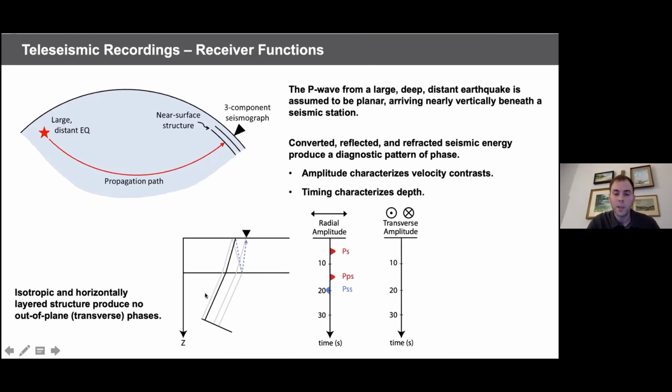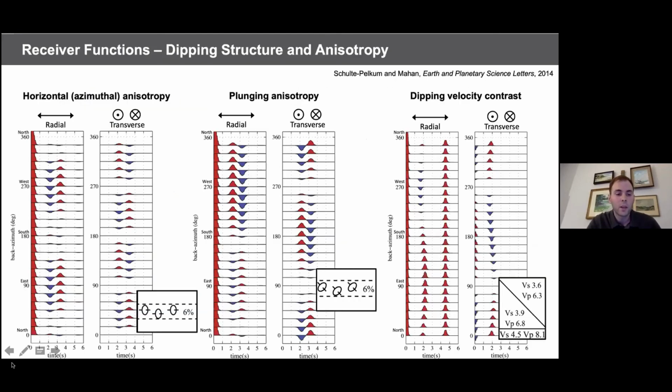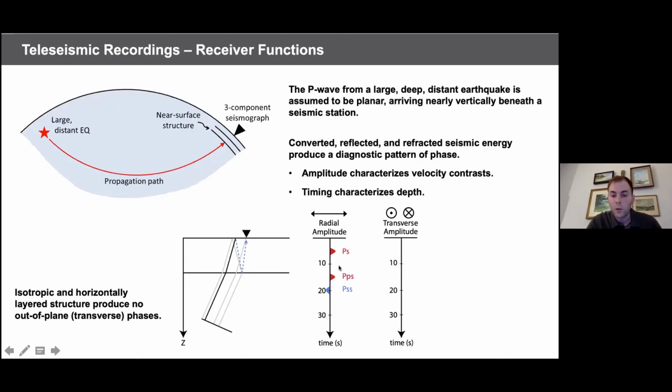And similarly, we have these other phases that will reflect and refract off the free surface, and will arrive at accordingly longer delay times due to the greater travel path. And so we get this pattern of phases and we call this the receiver function, and it's diagnostic of this structure.